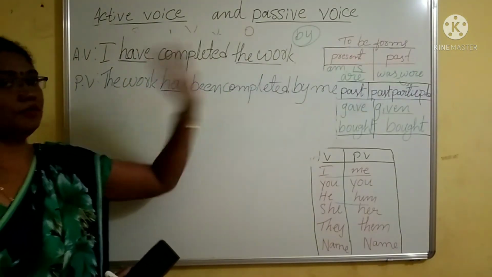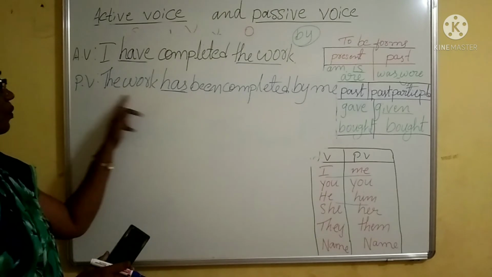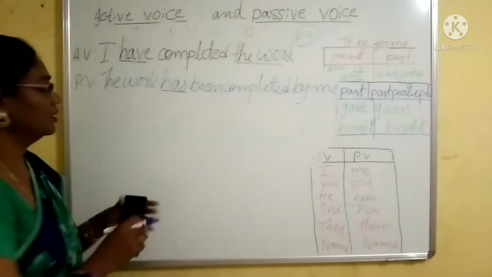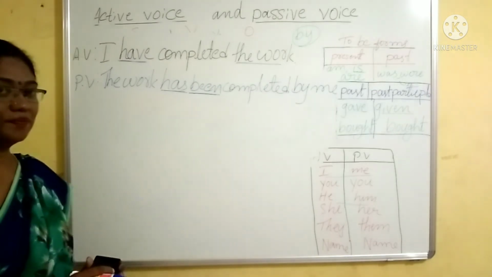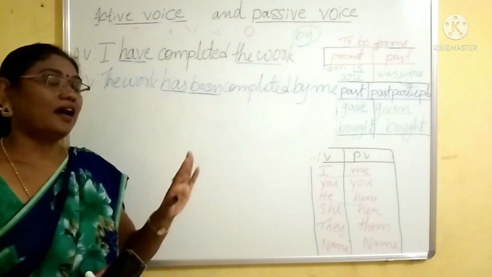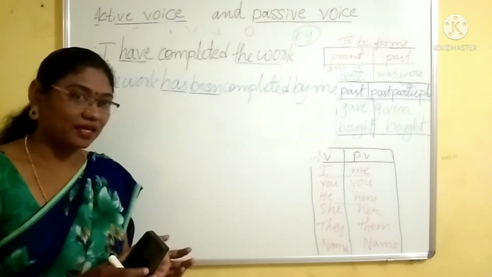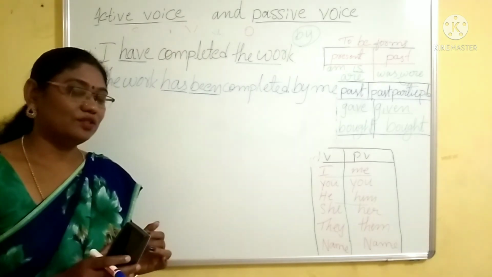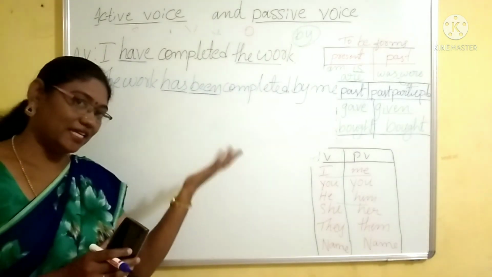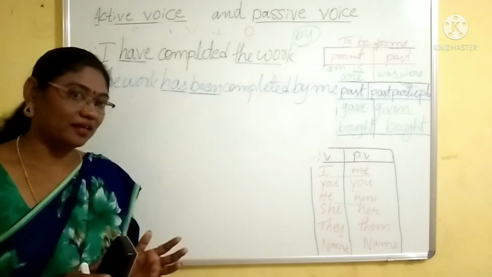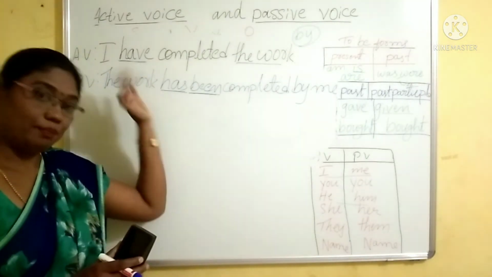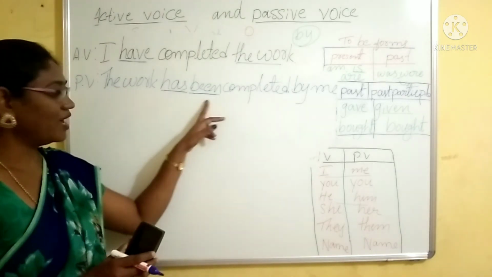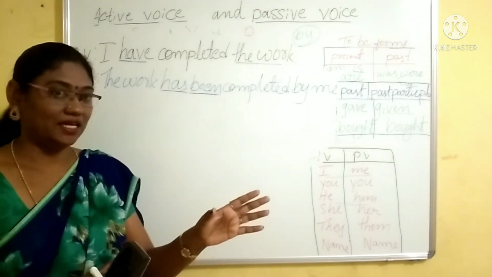Subject, verb, object. The work has been. So here I added been. This is a very important thing. I had added being when we talked about the present continuous tense. Here, when we talk about the present perfect tense, we have to add been.